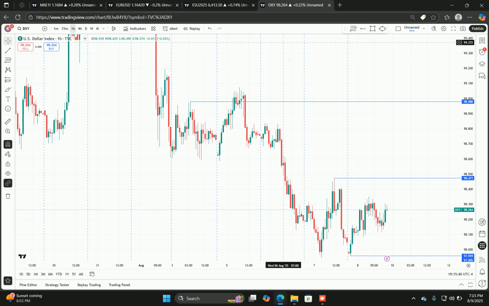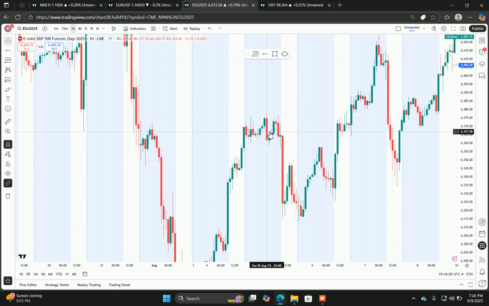Once this 3 o'clock candle traded above those prices, to me that signified a change in market structure. Higher prices on the dollar index mean lower prices on the futures.